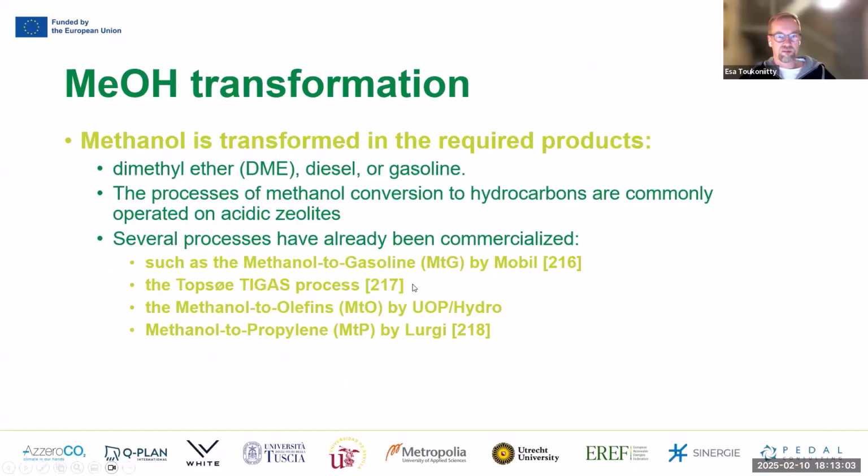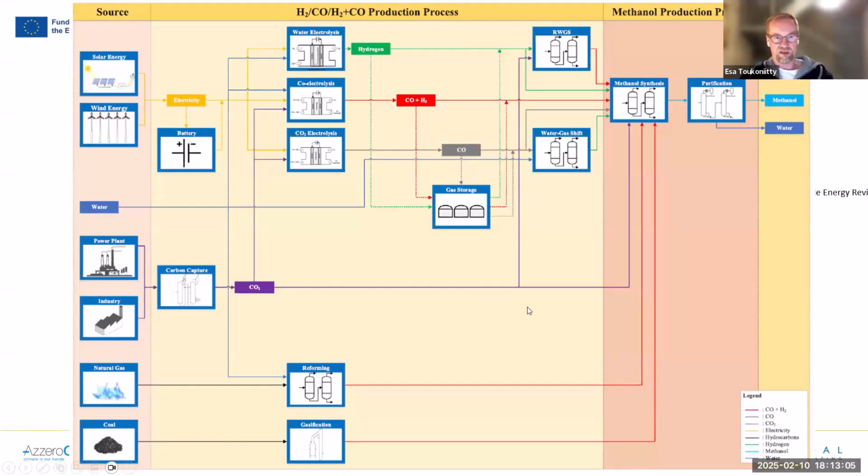This is nearly the last slide. So again, from that same article, it just describes some of these methanol synthesis processes. So here on the left-hand side, there is the source for different ingredients, energy, and so on.